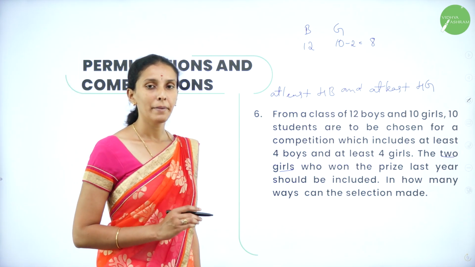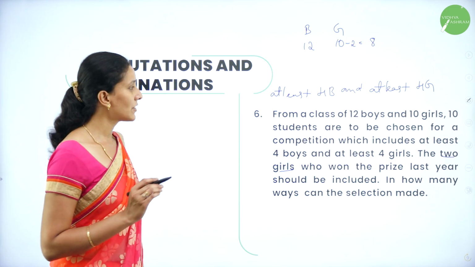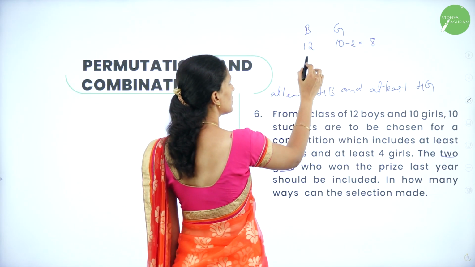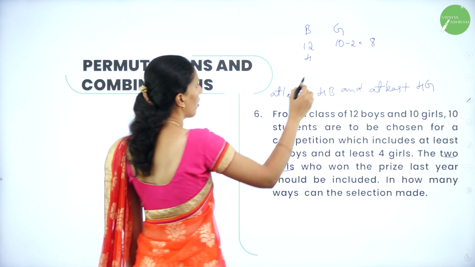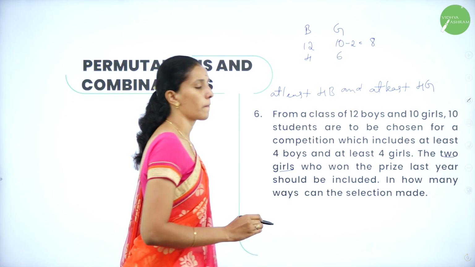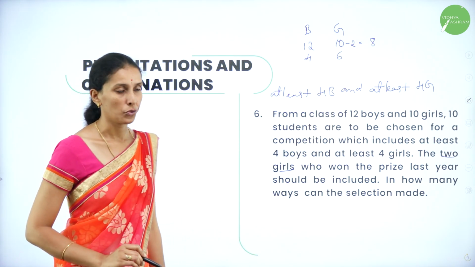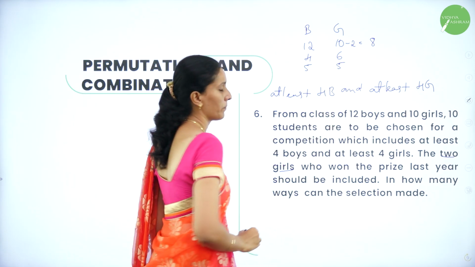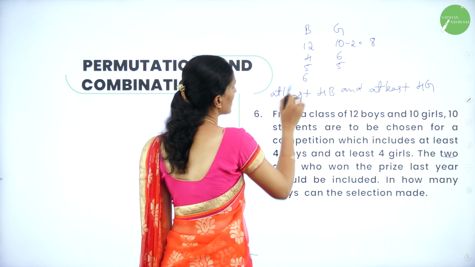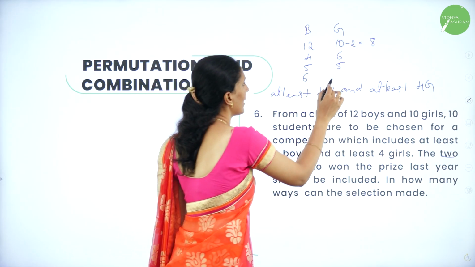So what do you mean by at least 4 boys? At least 4 boys means we can choose a minimum of 4 boys. So the rest are girls, 6. So 6 girls can be chosen. If I choose 5 boys, I can choose 5 girls. If I choose 6 boys, I can choose 4.